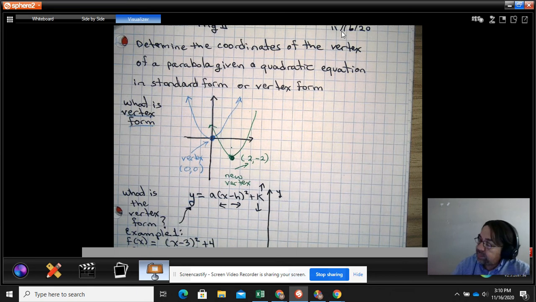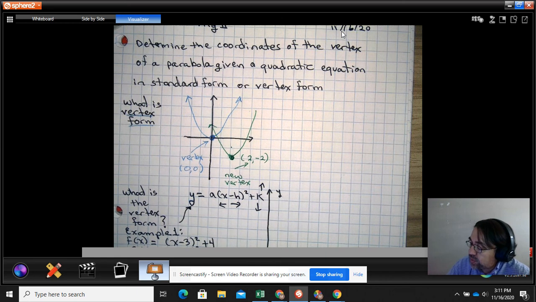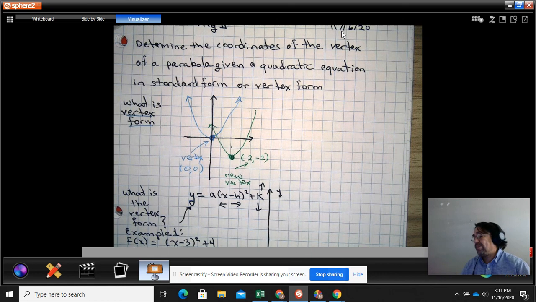And does it? Yes, it does. So it has the signs that it's supposed to have. So that means that I just take the h and the k from those positions. So the vertex is at the point 3, 4. And that's all you've got to do.